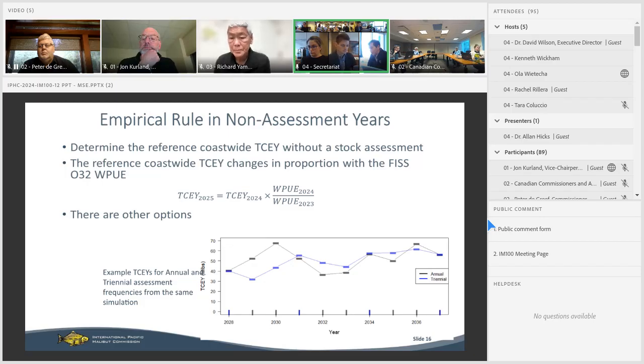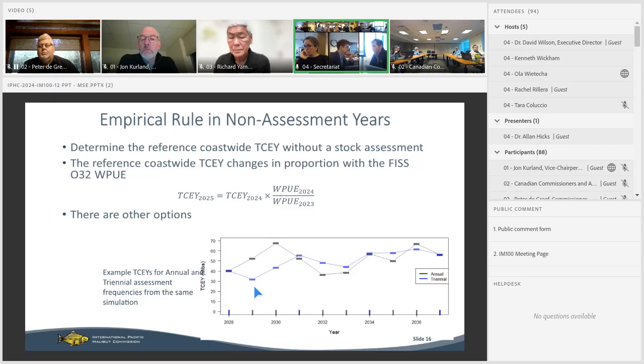And so you can see in the gray boxes are the TCY that would be set by an annual stock assessment. And then these blue boxes are the TCY that would be set in a triennial assessment frequency. So here you notice they're starting pretty much at the same place because this was an assessment year, 2028, and the projection of these in the future.